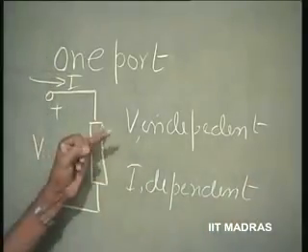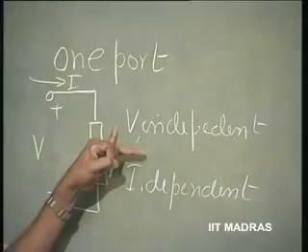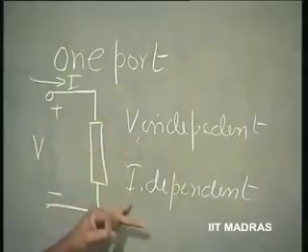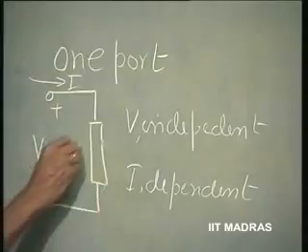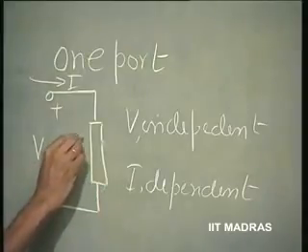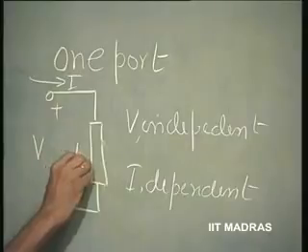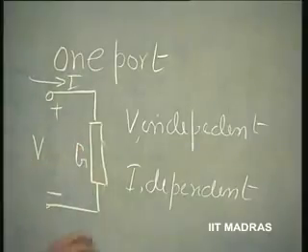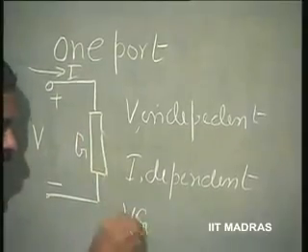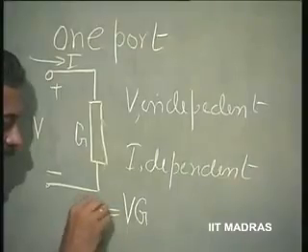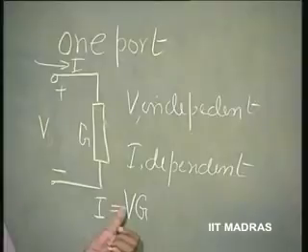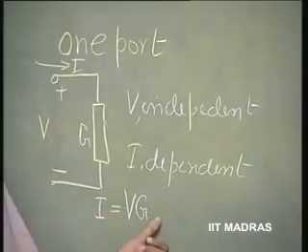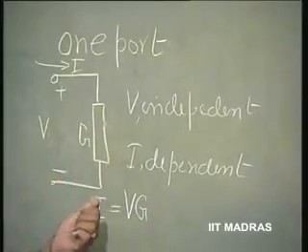That means, if I fix the voltage here, then I is dependent upon the property of the device here. Let us call this R, or let us call this G, conductance. So, G into V is going to be I. That means, if V takes on different values, I is automatically determined by the device that we are connecting.